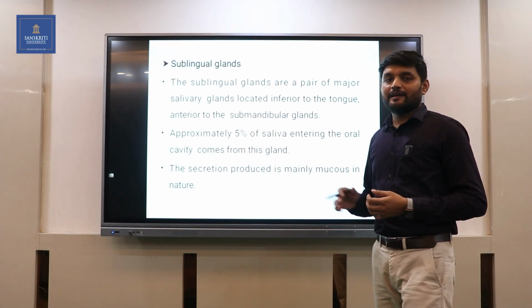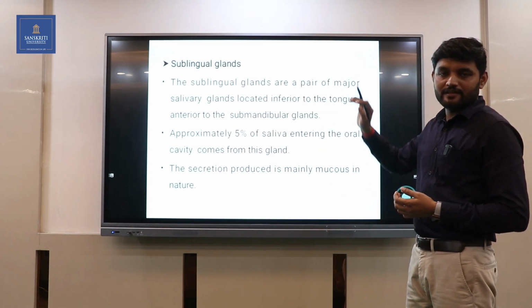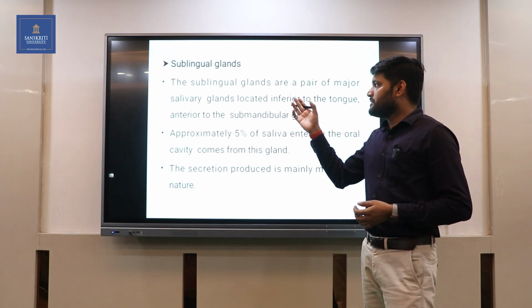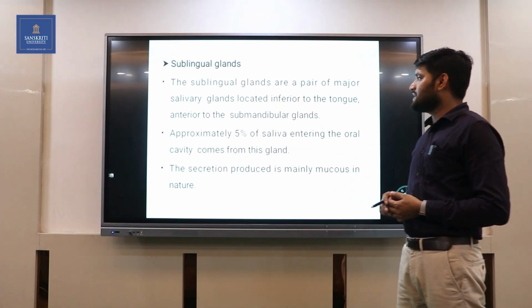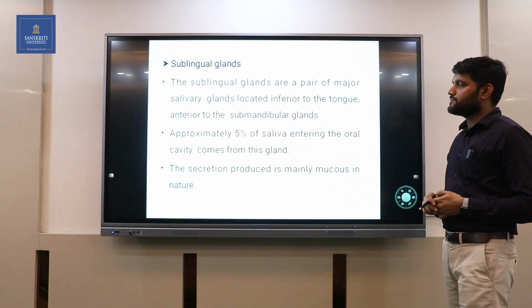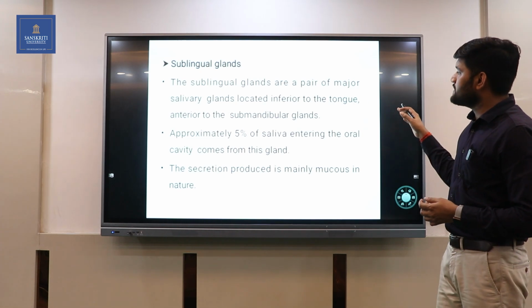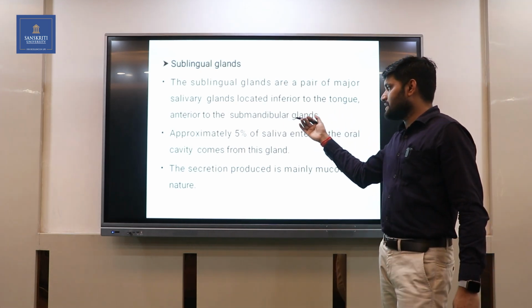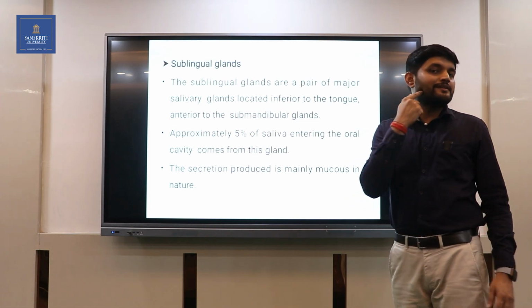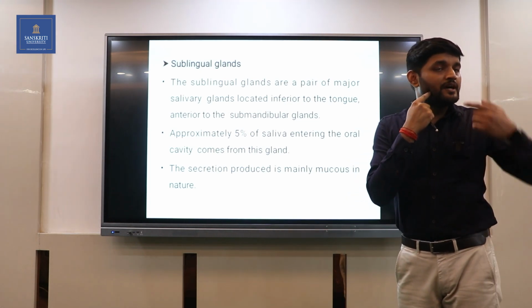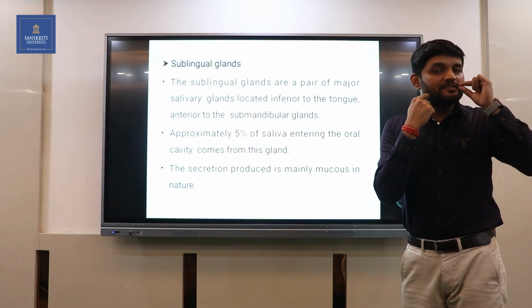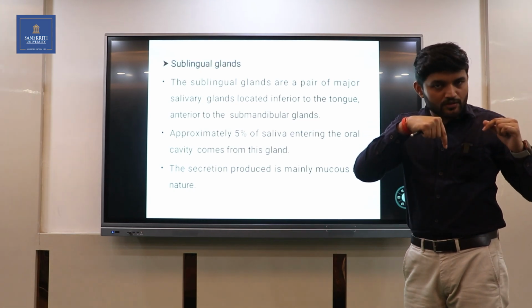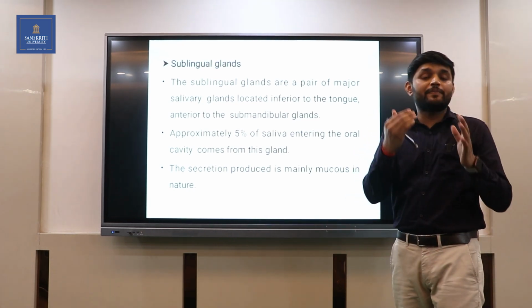Sublingual glands, the third and last glands. The sublingual glands are a pair of major salivary glands located inferior, that means below, the tongue, and anterior to the mandibular glands. Here, this is the tongue, and the glands are below the tongue, on the anterior side of the parotid glands.